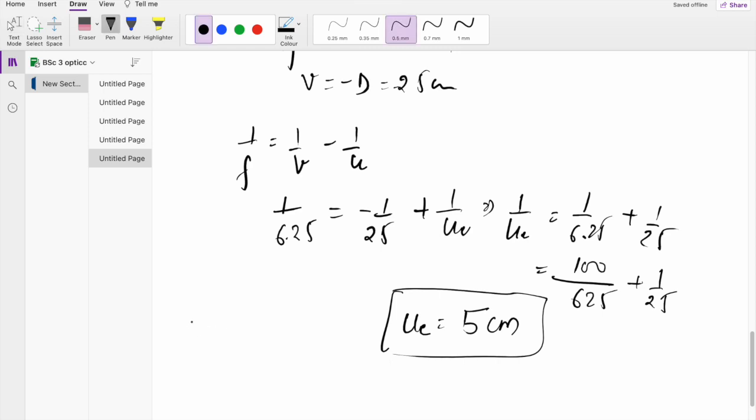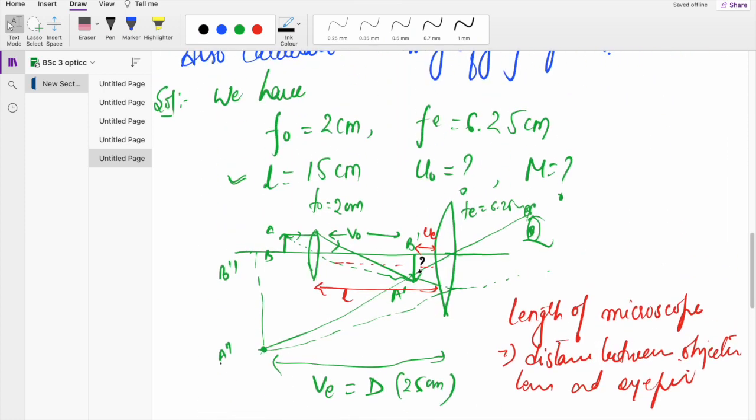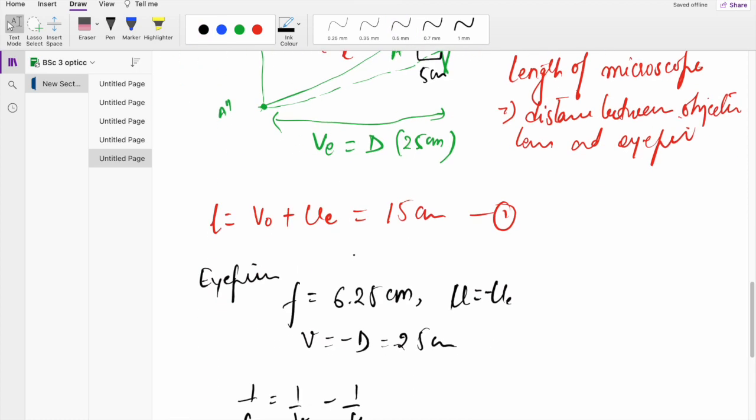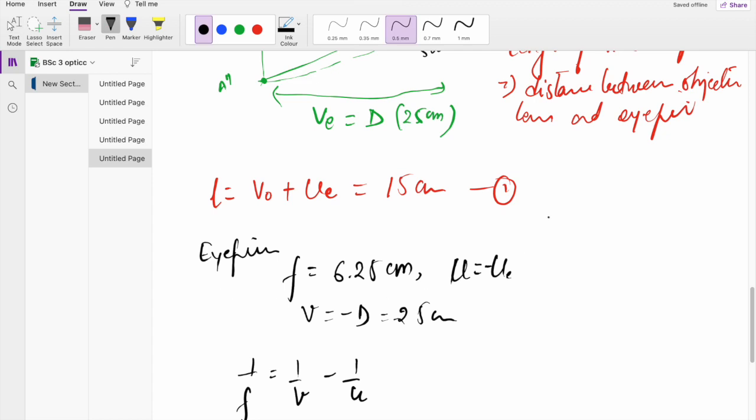Now we have to calculate VO. We know this quantity UE is 5 centimeter, and from equation 1, L is 15 centimeter, which equals VO plus UE.